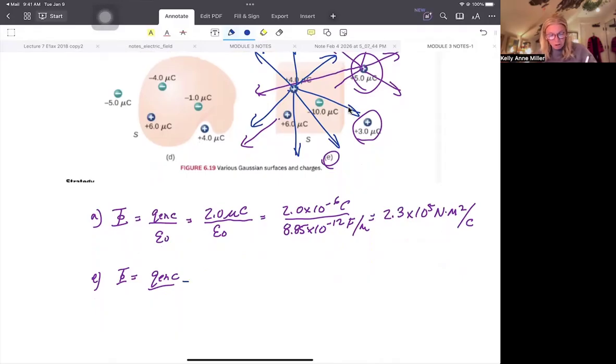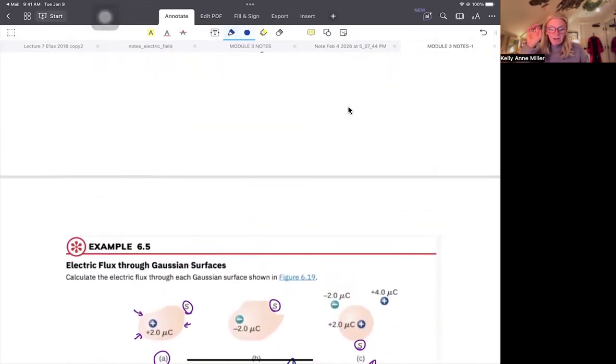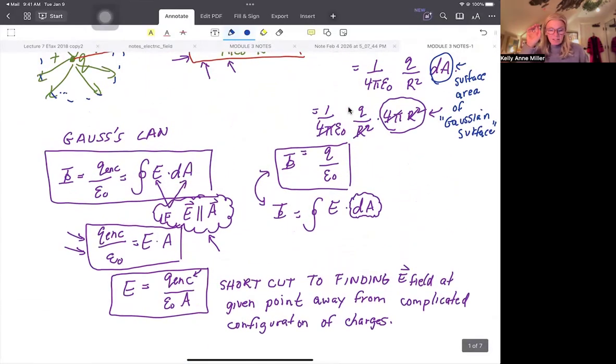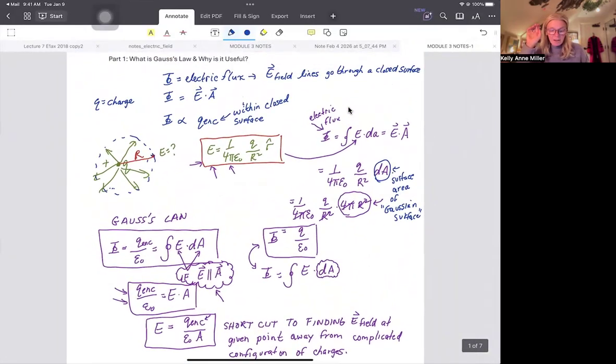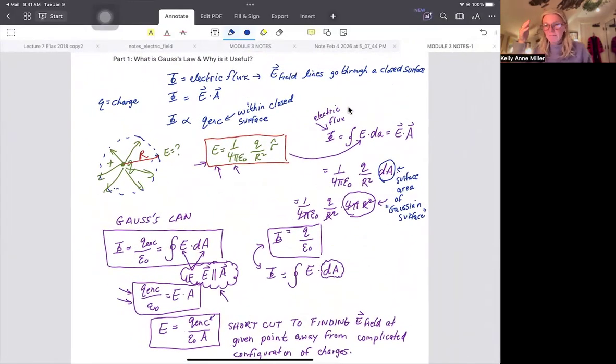So the Q enclosed is 0, so the flux is 0, because the net charge is 0. Hopefully that gives you an idea of what Gauss's law is. I will go over many examples manipulating different symmetries in the next video.